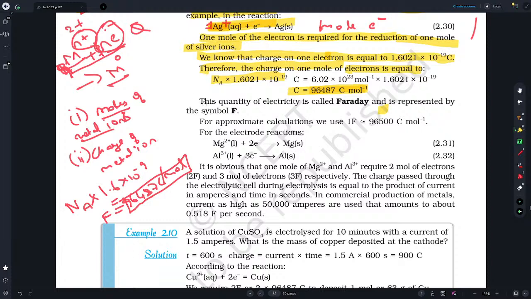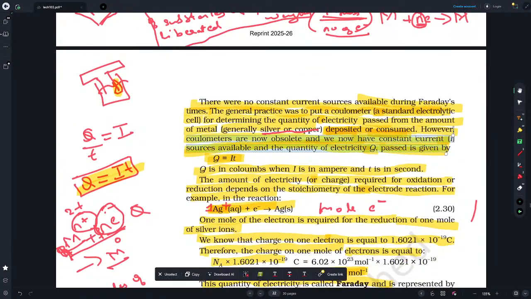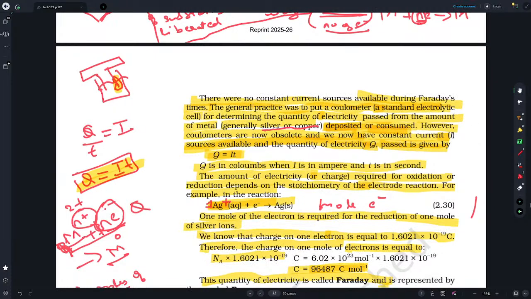The quantity of electricity is called Faraday. During the old times, there were no constant current sources available during Faraday's time, and the standard practice was using an electrolytic cell and determining based on the rate of the reaction.